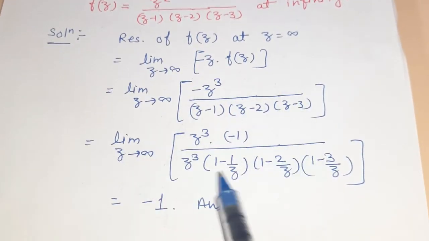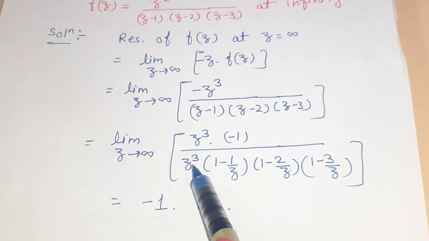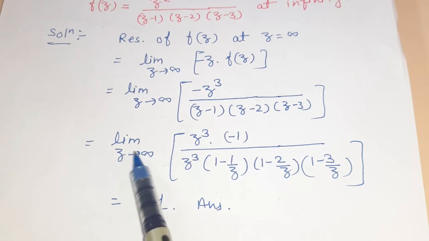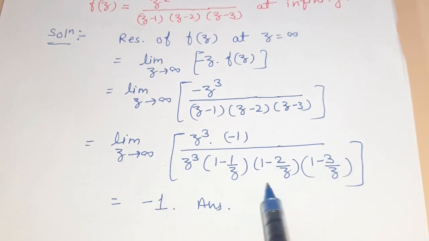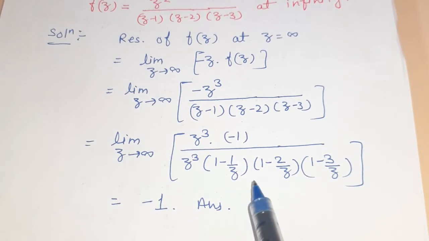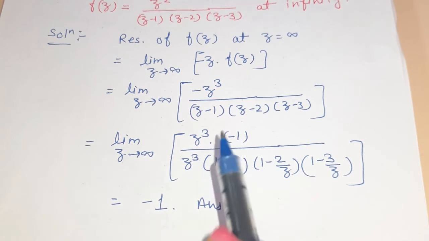Then z cube and z cube cancel each other, and we apply the limit z tends to infinity in the remaining term. 1 by z, 2 by z, 3 by z all become 0 and we get minus 1. So minus 1 is the residue at infinity for this function.